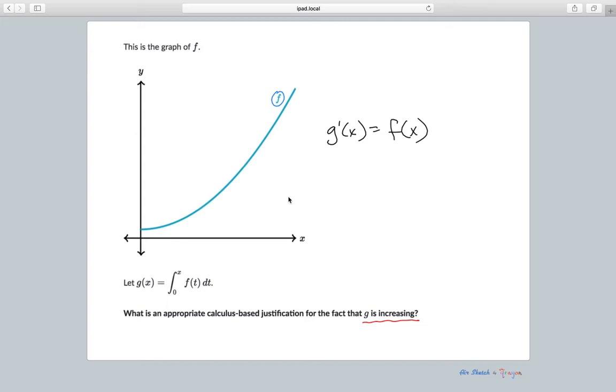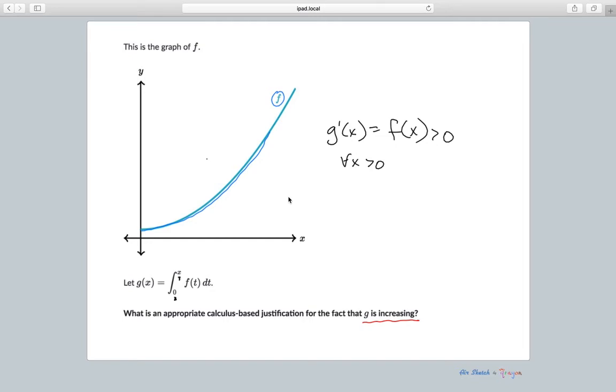We'll note that that function is all positive y values. So I can also say that this is greater than 0 for all x greater than 0. And since g is only defined from 0 to x, I only really need to worry about the positive numbers in this case.